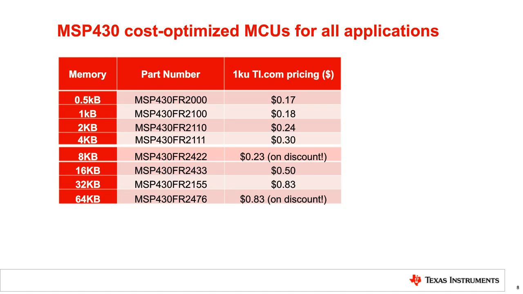And as you can see, the most expensive part on this list is 83 cents, which is still cheaper than the total system cost that we saw of the discrete components in the previous scenario. And 64K is quite a bit for a housekeeping MCU, so generally, you might be more in the 16K and below range. As you can see, the pricing there is very good online today on the TI store.